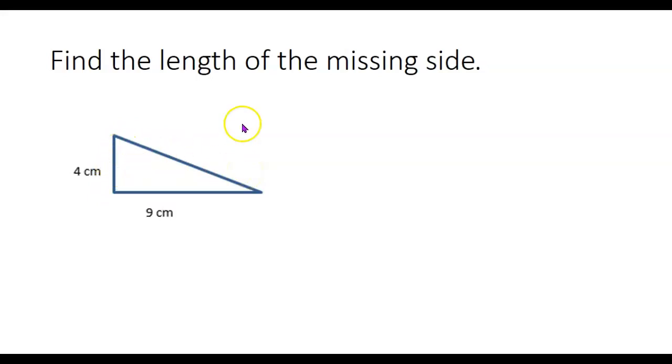Since this is a right triangle and we're working with the Pythagorean theorem, A squared plus B squared equals C squared. Let's fill in the numbers 4 and 9 for the two sides that we do know, the A and the B. So 4 squared plus 9 squared equals C squared.